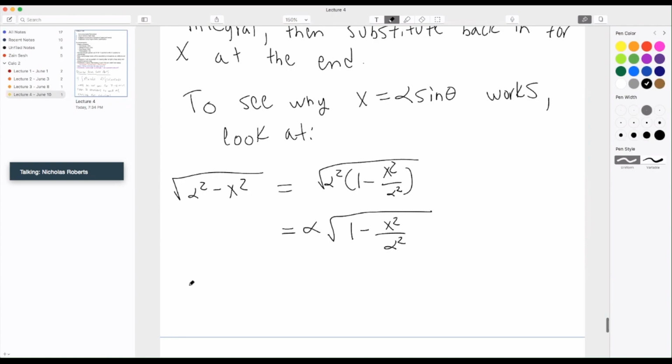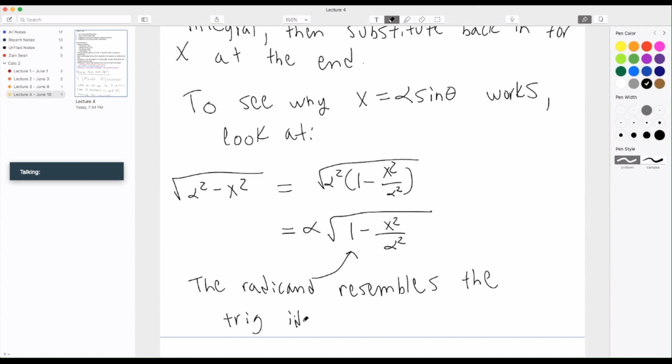The radicand, that expression, resembles the trig identity 1 minus sine squared theta.